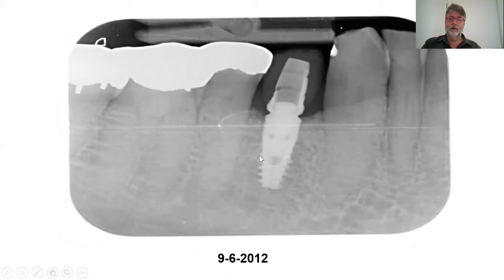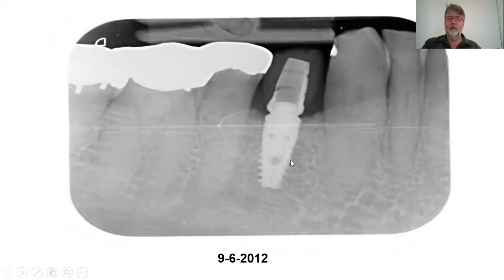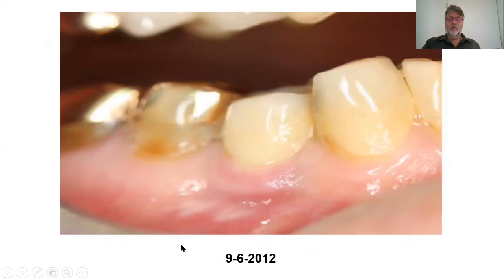Again, we look at it later on. If I go back to the previous, this one was in 2011, and 2012, a year later, we can actually see there's been virtually no change in the situation at all. It's completely stable. These are platform switched implants, which are very good at maintaining bone levels.